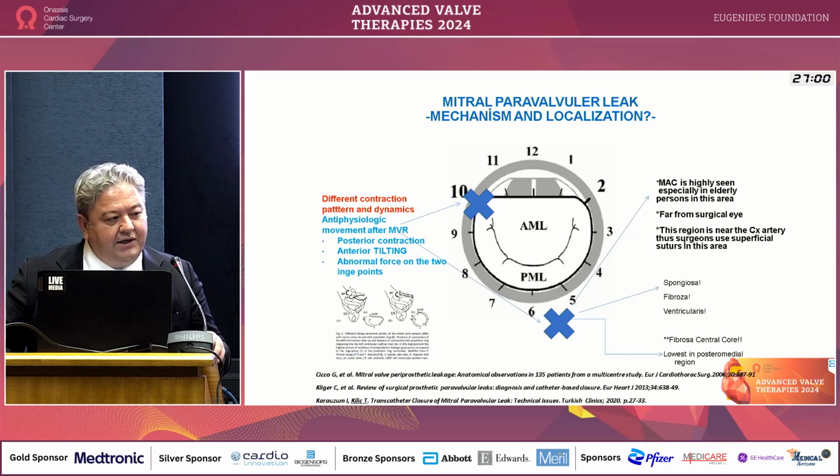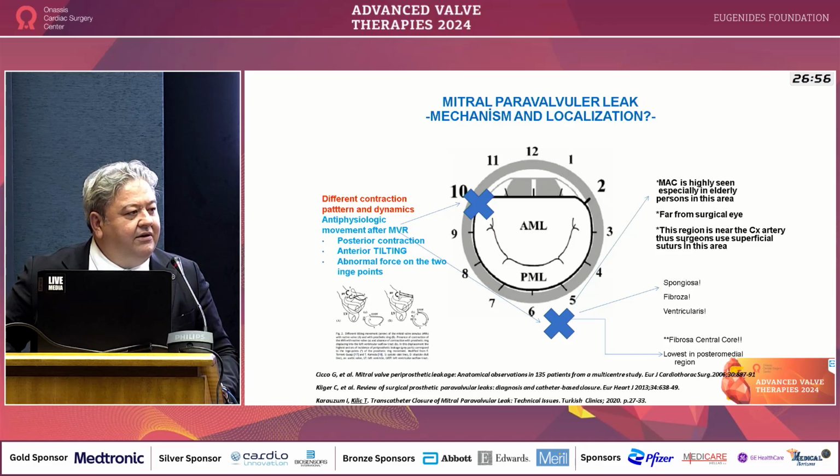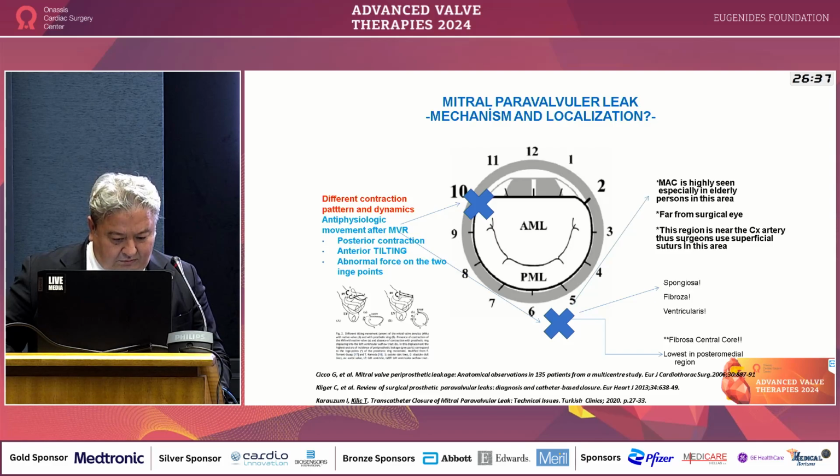So the mechanism is very important. Why are paravalvular leaks developed at these two points, the anterior region and the posterior medial region? After mitral valve replacement, the physiologic movement of the annulus changes and an antiphysiologic movement occurs, with posterior contraction and anterior tilting, and this abnormal movement causes abnormal force on the two hinge points.